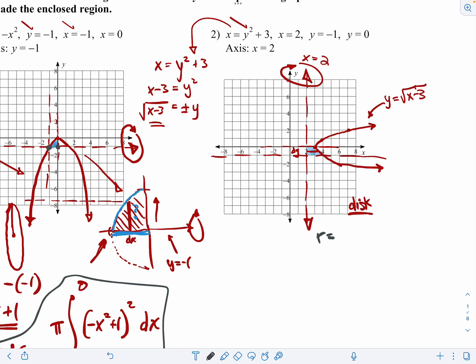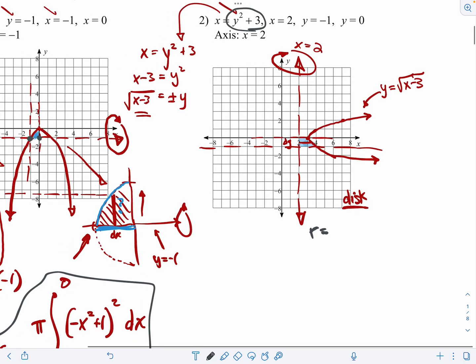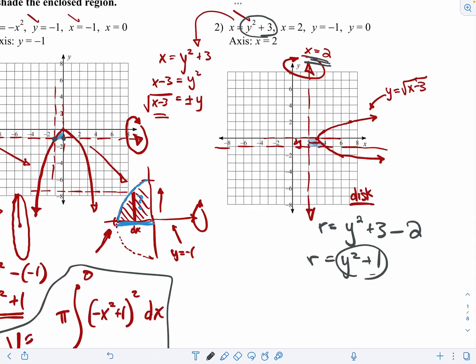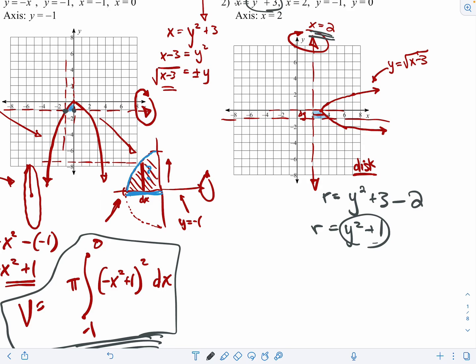X equals y squared plus 3. I already have it in terms of y, so the radius is y squared plus 3 take away 2. That's our distance, which is equal to y squared plus 1. That's our radius. And so when we set up our integral, we're integrating in terms of y. It's going to be pi r squared, so that's pi times y squared plus 1, squared, dy.